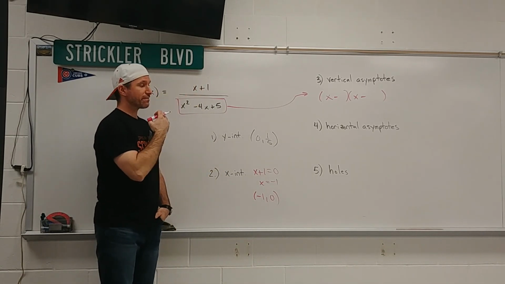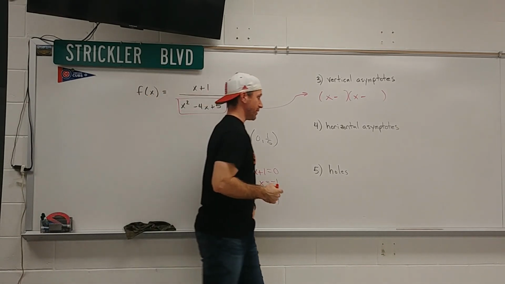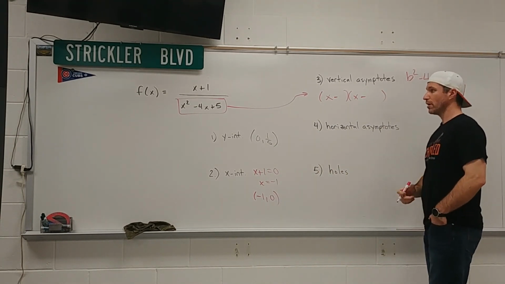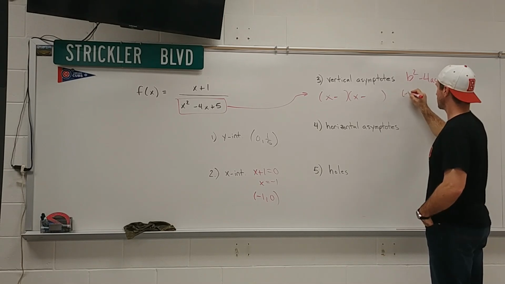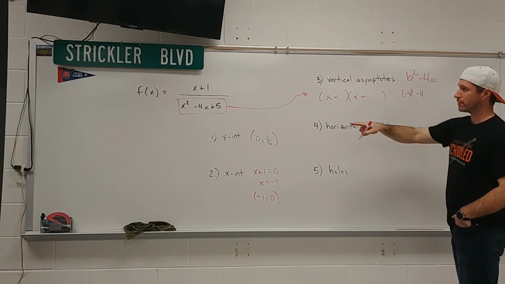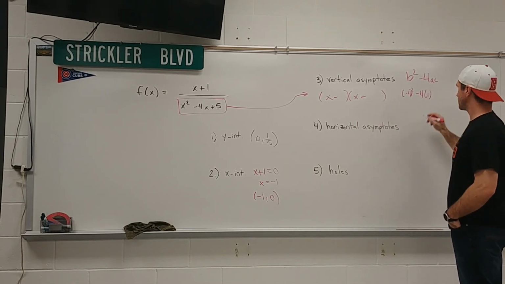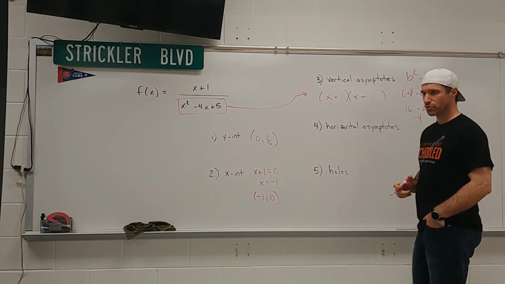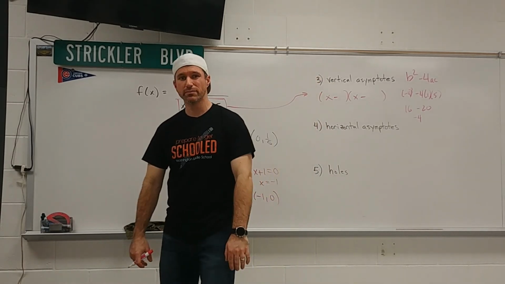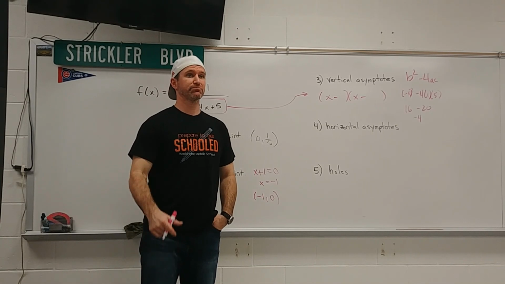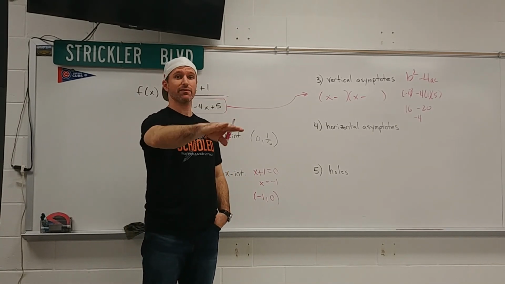So you cannot factor it. Let's do the discriminant real quick to check that. It's b squared minus 4 times a, which is 1, times c, which is 5. You get 16 minus 20, which is negative 4. No solution if you solve it as a quadratic, so no vertical asymptotes. If you type it into Desmos, you will see that it actually does not have a vertical asymptote.